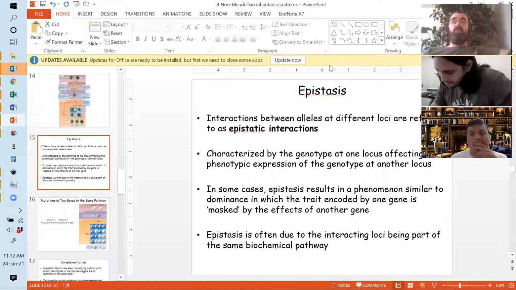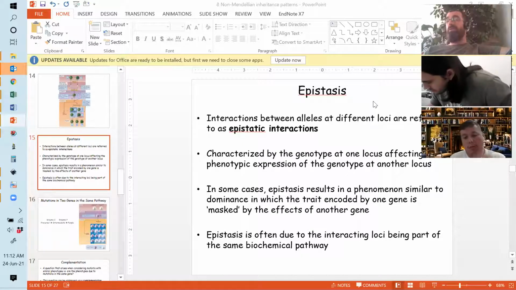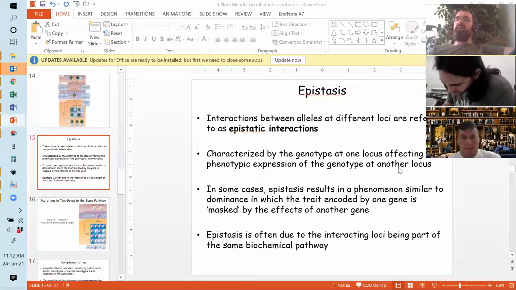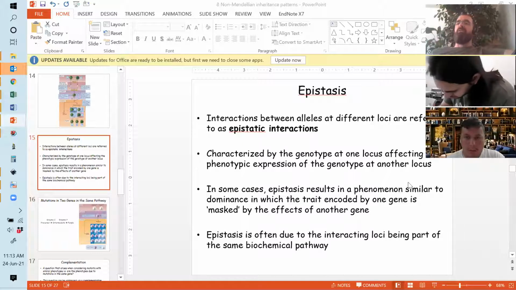And there's an awful lot to epistasis, so I'm not going to try and cover all of it, because I don't think that's really possible. You could pretty much do a whole lecture just on epistasis. But essentially the idea is that the alleles you have at one locus, or the genotype, which is the collection of alleles you have at one locus, affects the phenotype that you express from a different locus.